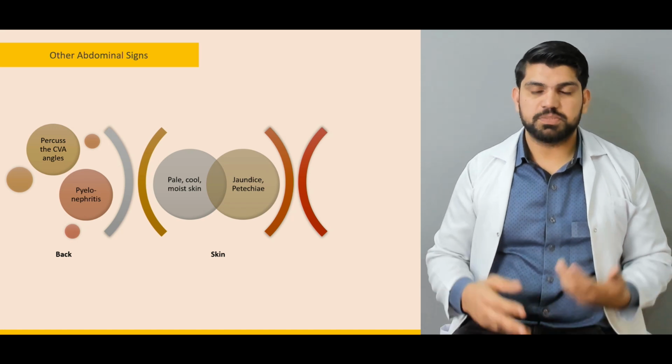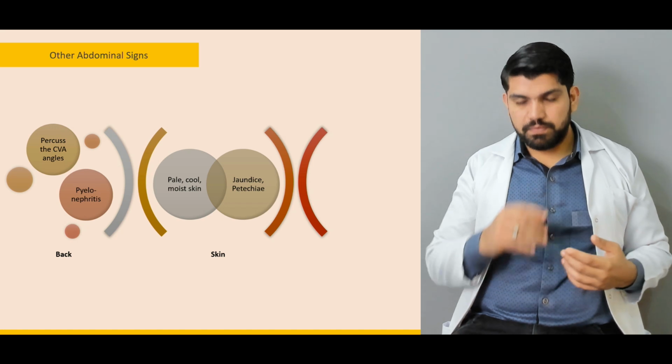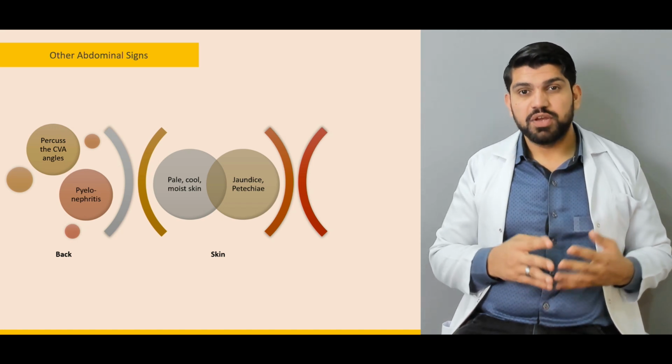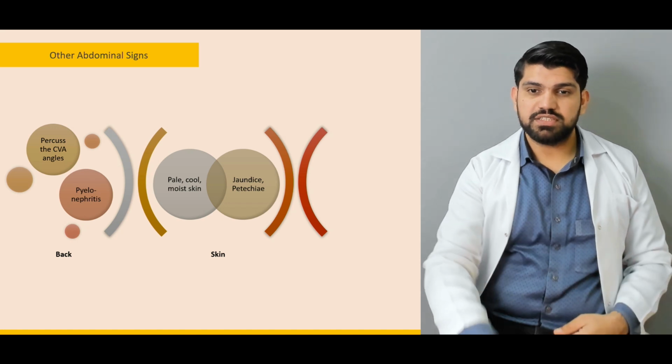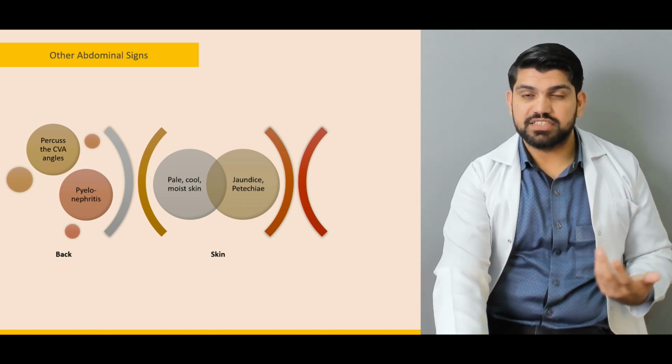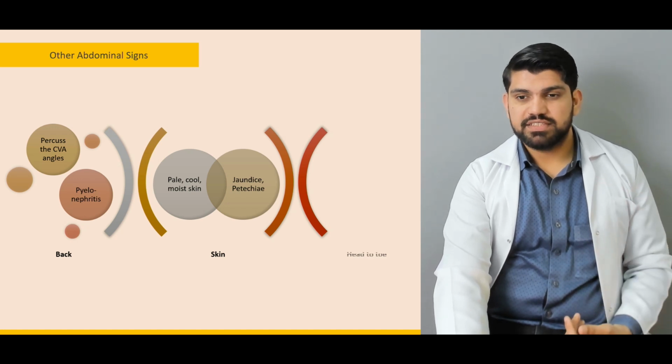Jaundice and petechiae, especially jaundice in hepatitis, obstructive jaundice, or patients with liver diseases. This is yellowish discoloration of the skin and the eyes.